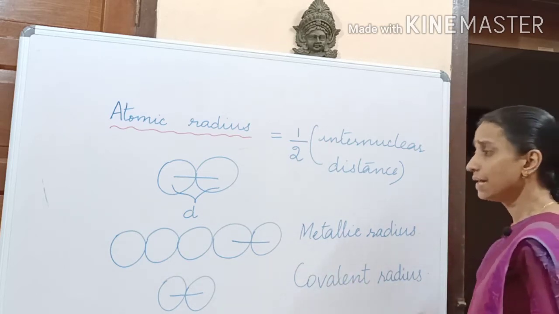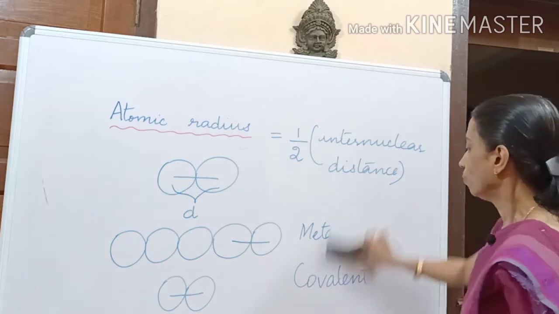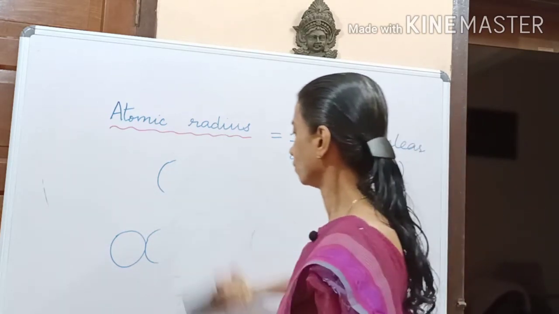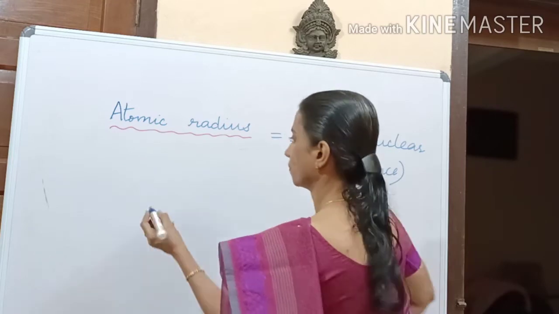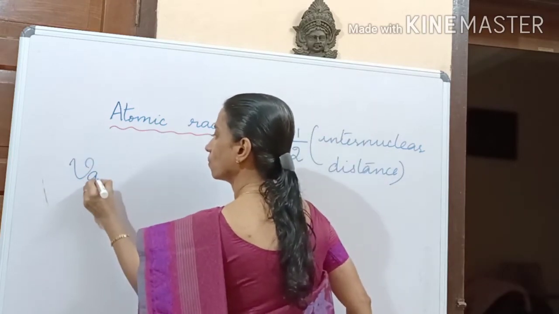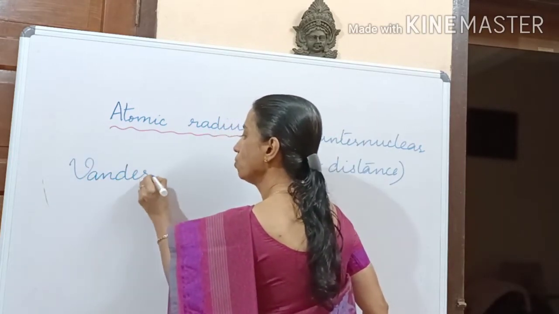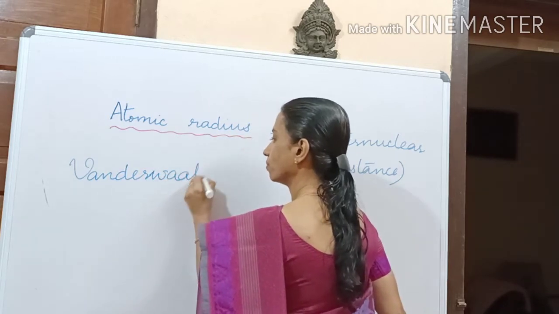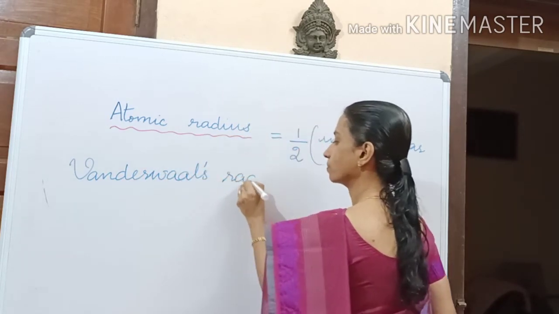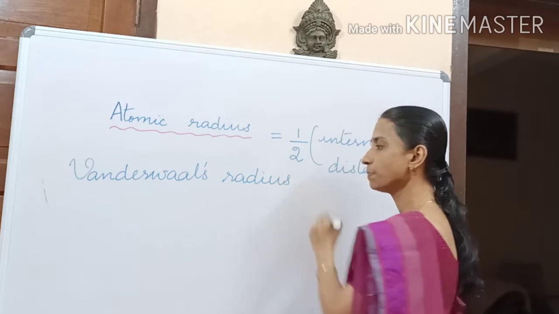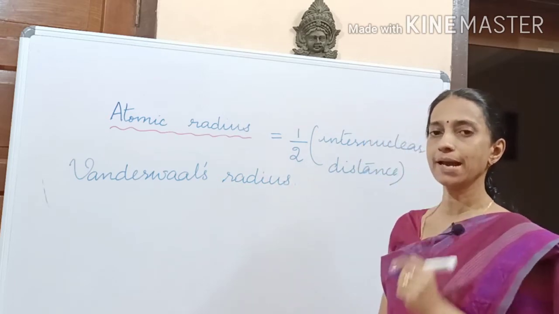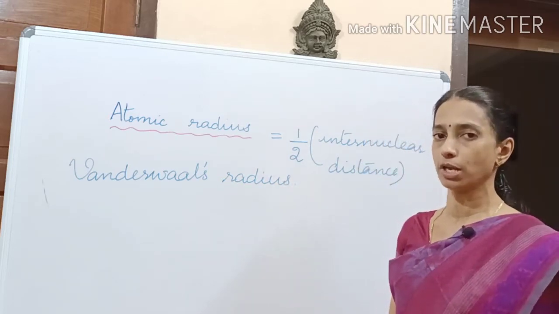Coming to the next type, which is known as van der Waals radius. To explain van der Waals radius, I'll take the example of the chlorine molecule.